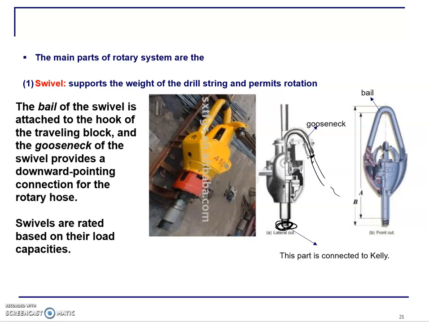So the mud is gonna be injected from here through the gooseneck into the swivel, into the Kelly, into the drill string system. So the swivel is rated based on how much weight they can load, and what their load capacity is, because they need to hold the whole drilling system.